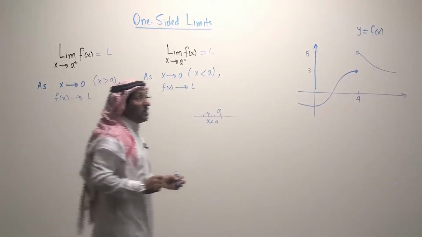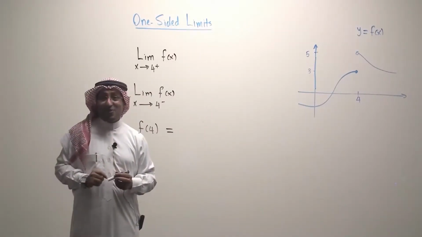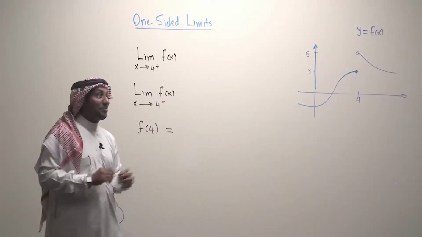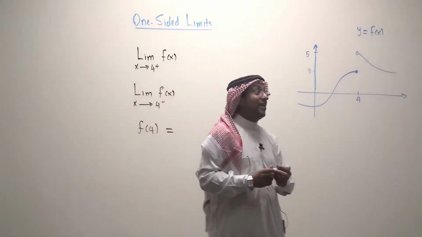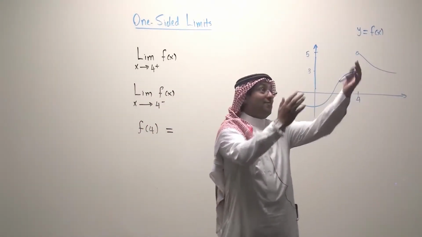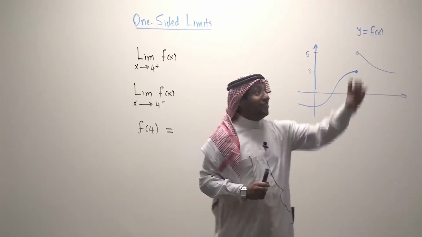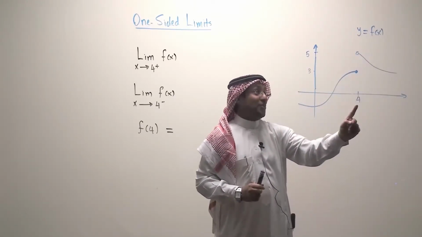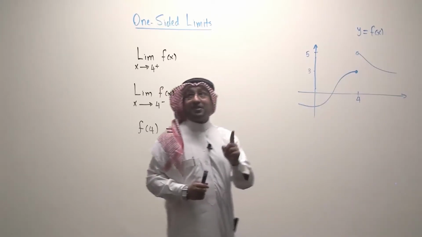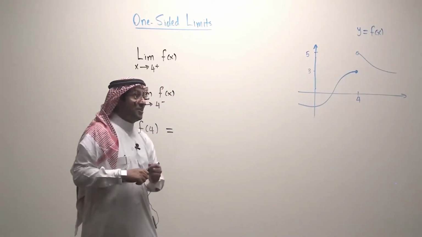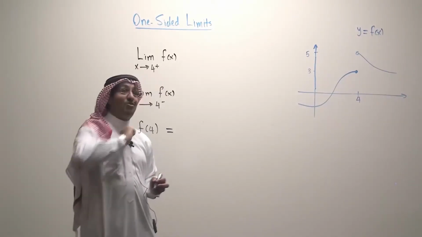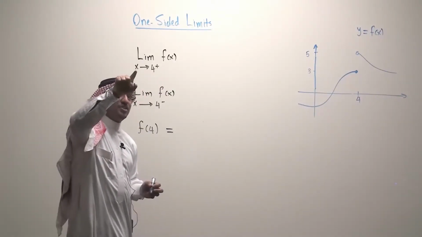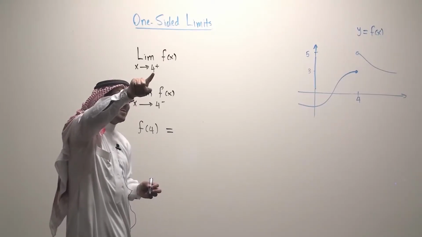Let's take an example. Let's see now the following interesting example. This function, the graph of this function y equals f of x, you see the graph of this function has a jump at x equals 4. Let's see the importance of one-sided limits here. You see, the first one, the limit of the function of x as x approaches 4 from the right side.